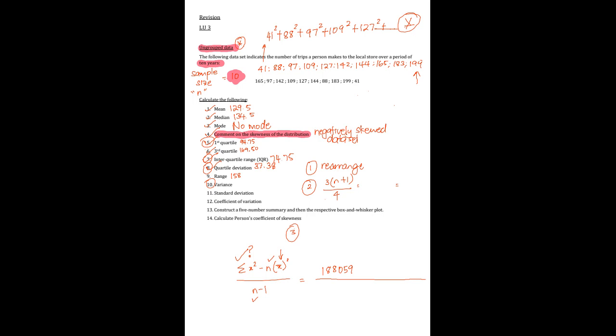And then this is minus n, which is your sample size, that was 10, multiplied by your mean, which you got from question 1 here. This was 129.5 squared, over n minus 1, 10 minus 1. And that gives you an answer of 2,261.83.